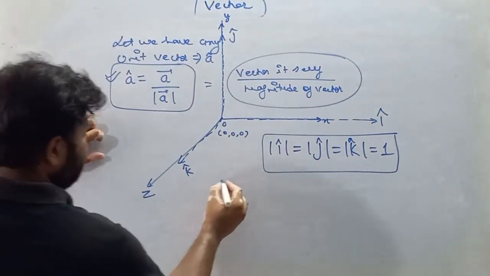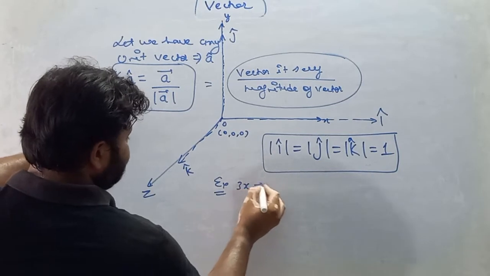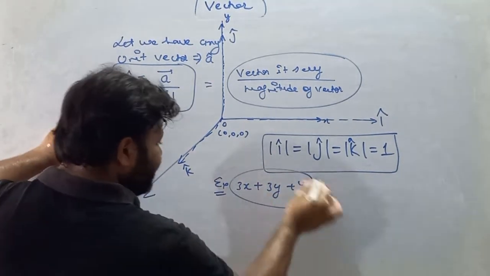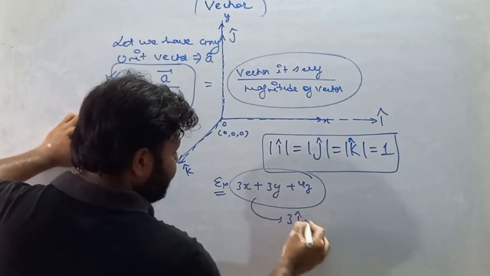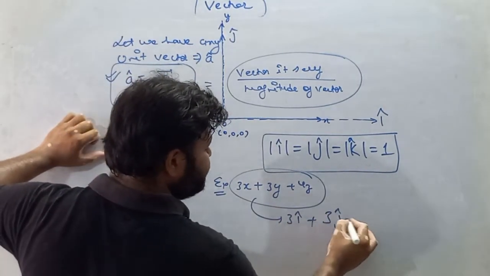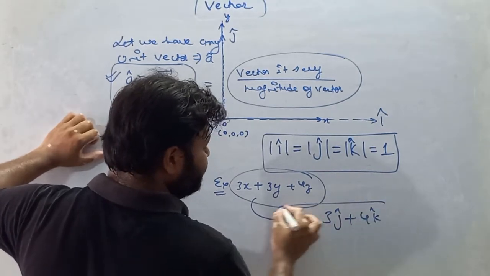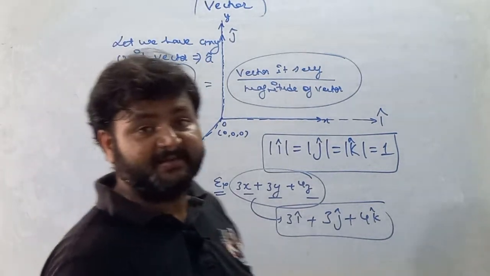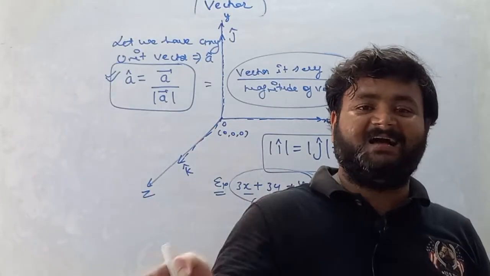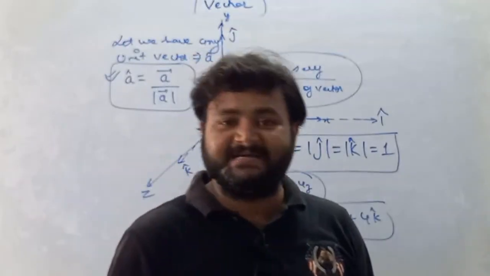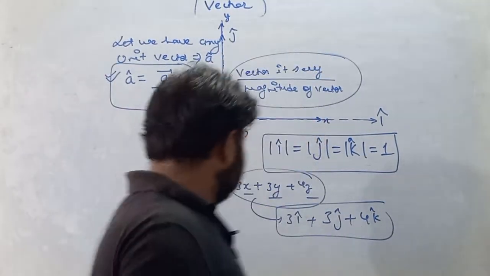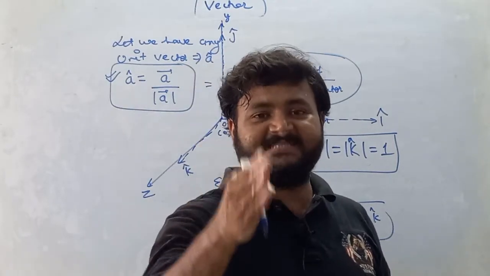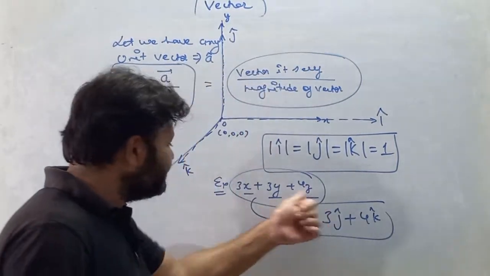Now see, if there is an equation that looks like 3x plus 3y plus 4z, this equation can also be written as 3i cap plus 3j cap plus 4k cap, because we know that x, y and z give the information of translation along x-axis, along y-axis and along z-axis. Let's suppose a particle is defining motion according to this equation.